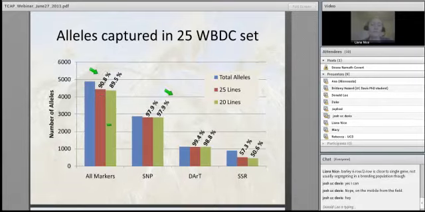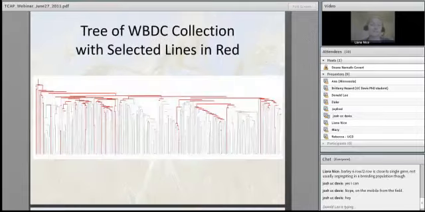So I have about 90% of the total allelic diversity of that wild barley diversity collection captured in this set of 25 lines. You can see it captures SNP diversity quite well, as well as DArT diversity, but SSRs are much lower, and that's due to the fact that on average there were around 11 alleles per SSR marker, so it was much more difficult to capture the allelic diversity of the SSRs.